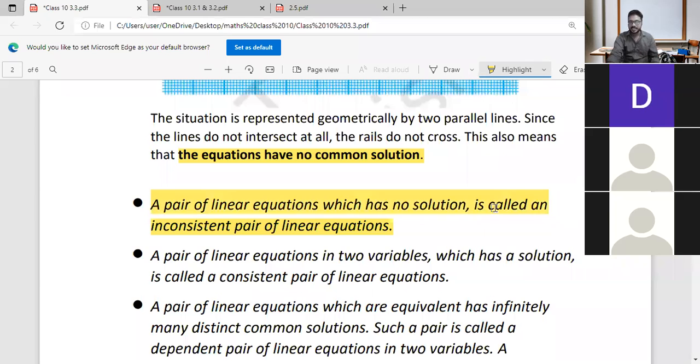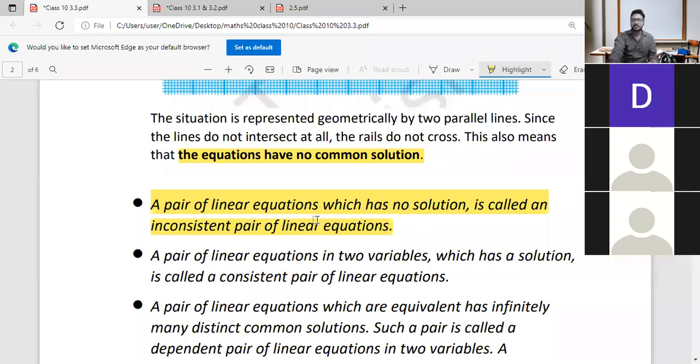What does it mean? It means that a pair of linear equations which has no solution is called an inconsistent pair of linear equations. I repeat, inconsistent, which means these two linear equations are not stable. You know what the word consistent means? It means a kind of stable.